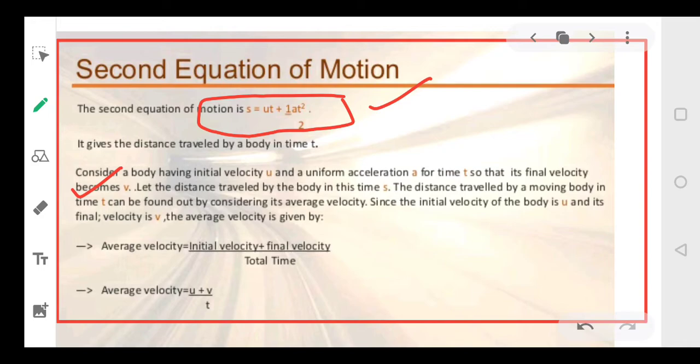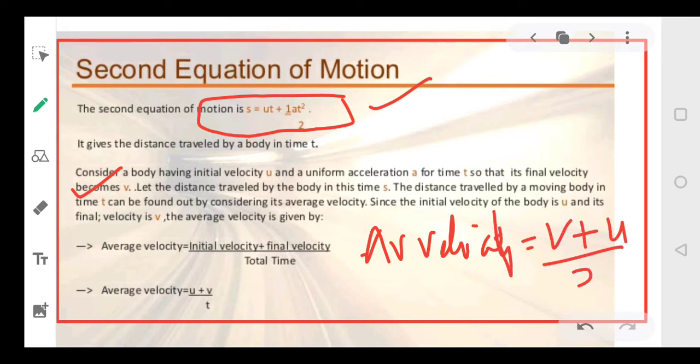Average velocity is equal to U plus V upon 2. Okay, this was wrong earlier, total time is not there. Right, everyone? Clear, everyone? So average velocity is equal to U plus V upon 2.